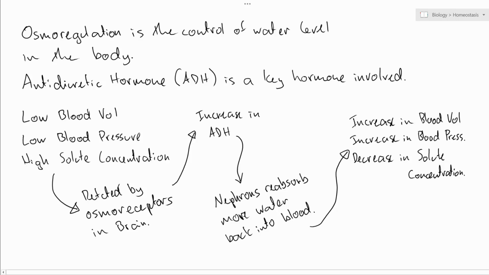So that's a little bit about the function of the kidneys, and also how ADH, antidiuretic hormone, can be used to control the amount of water that is expelled from the body or reabsorbed in the blood, and the overall process that is osmoregulation.